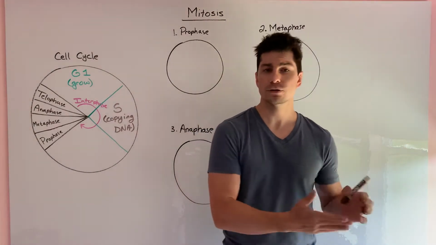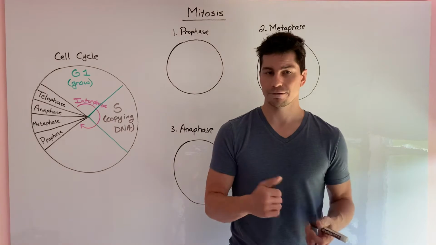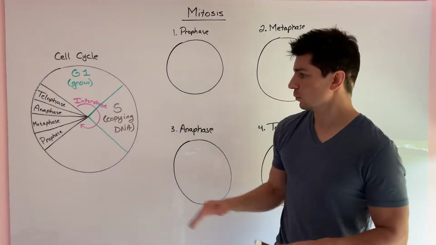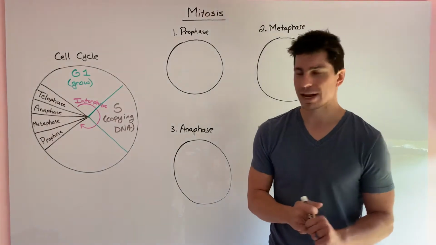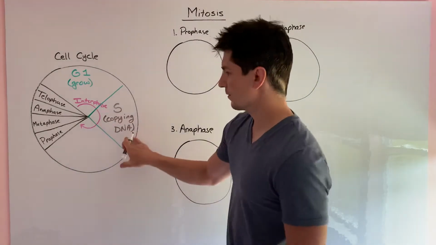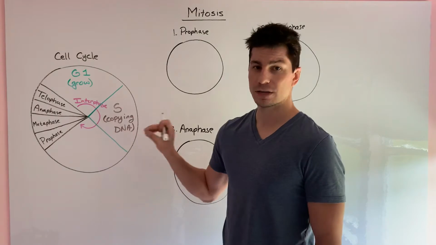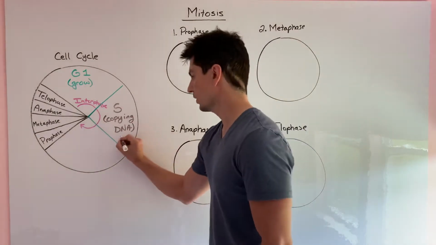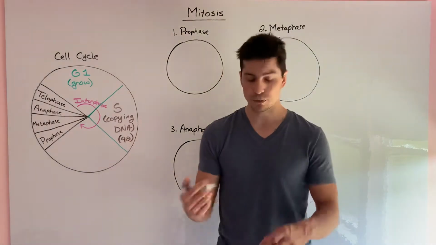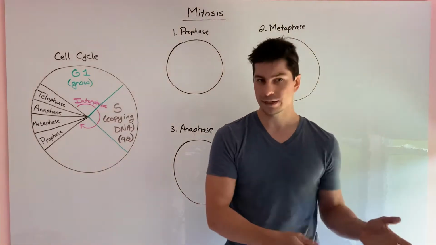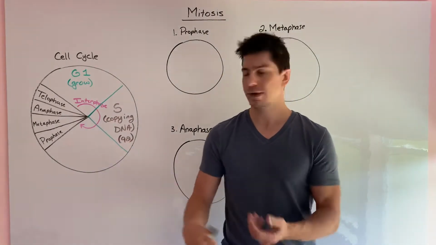We want every new cell produced to also have 46 chromosomes. So what we're going to do here is we are going to copy that DNA. So now, instead of having 46, we are going to temporarily, not all the time, temporarily have 92 chromosomes because we made a copy of it. We duplicated it. We went from 46 times 2, you get 92.